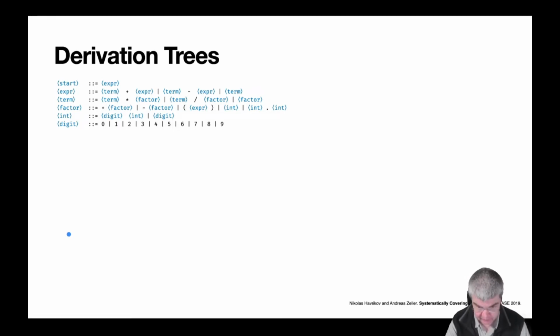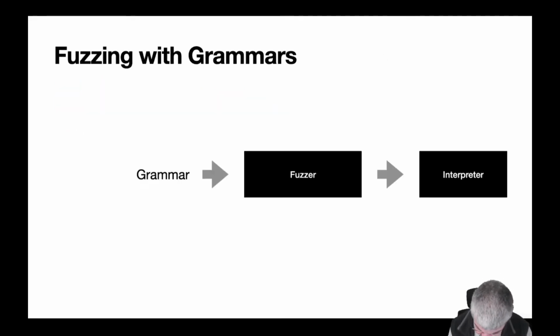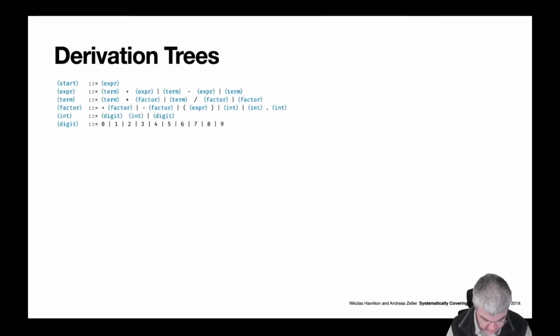I'm going to make a very, very simple expression here, because things will be easier that way. So a derivation tree starts with a node, and each node in the derivation tree is a symbol. And now we have a start symbol, and this is the first node in our derivation tree.